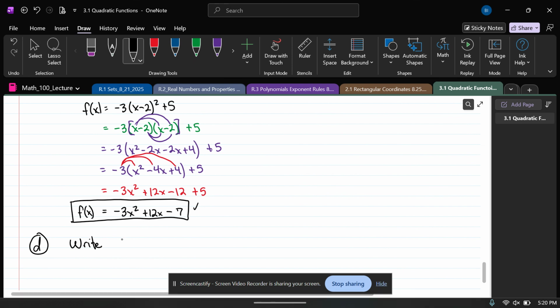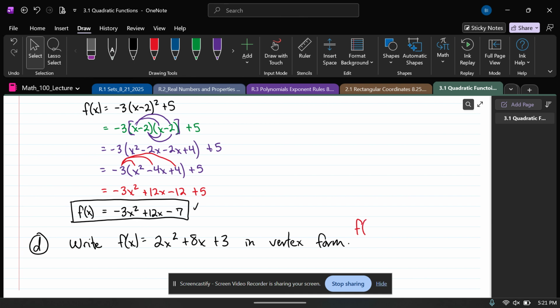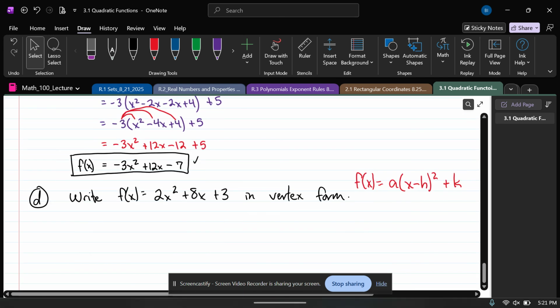Write f of x equals 2x squared plus 8x plus 3 in vertex form. And just a reminder, vertex form, f of x equals a times x minus h squared plus k. All right.